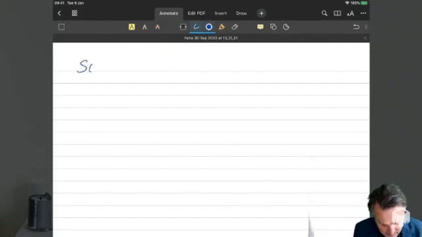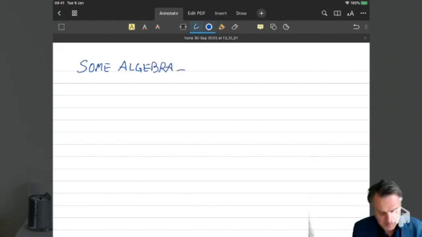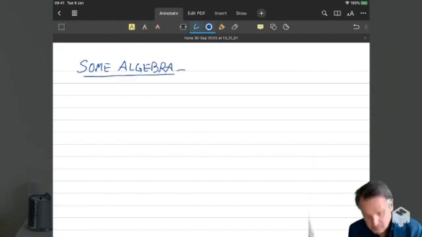So, algebra. If you think about it, so far you've used algebra or algebraic notions, algebraic objects, to describe the physical world, right?